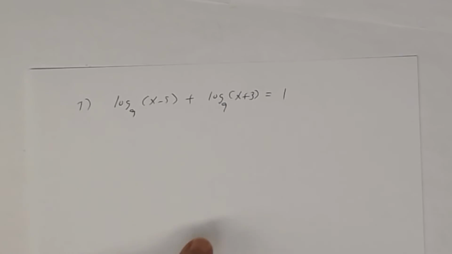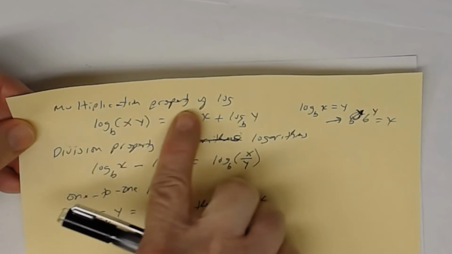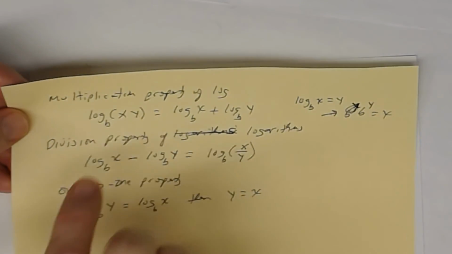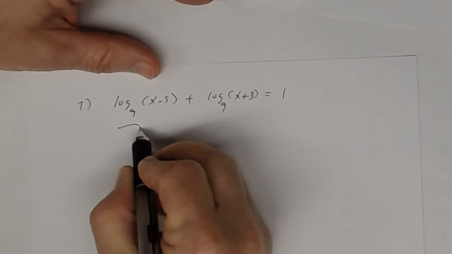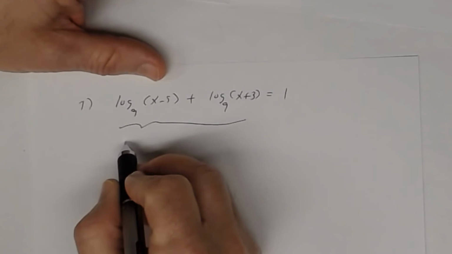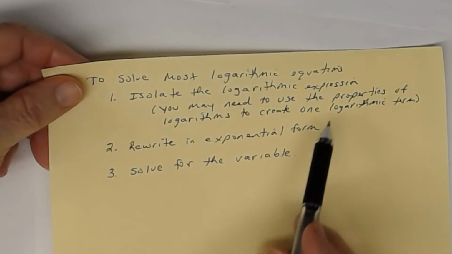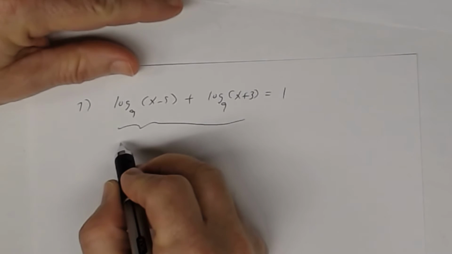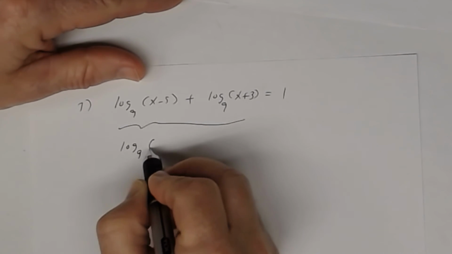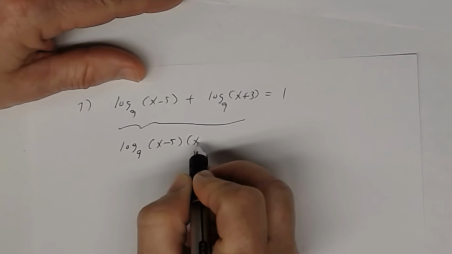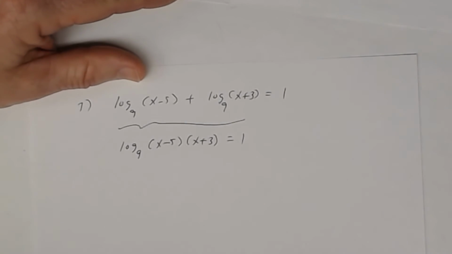Remember, with the sum of two logs you can use the multiplication property. So you're going to write this as one log term. Remember that is step number 1. So it becomes the log base 9 of x minus 5 times x plus 3 equals 1.